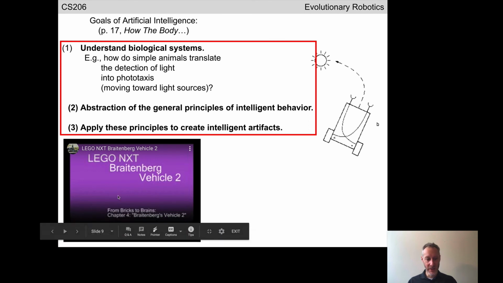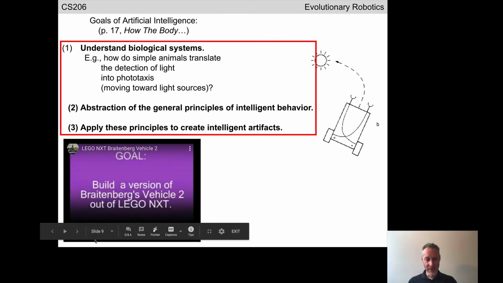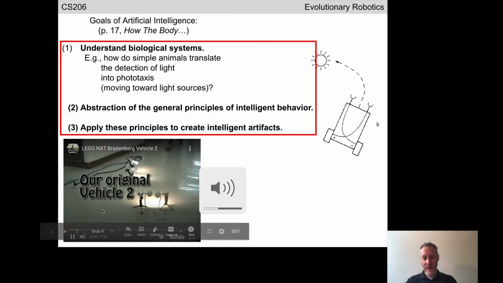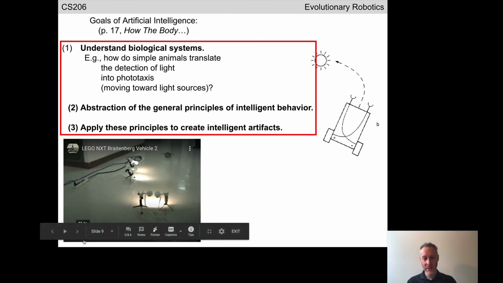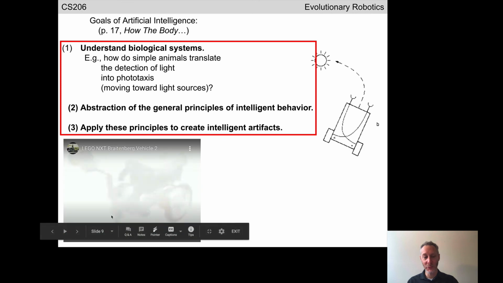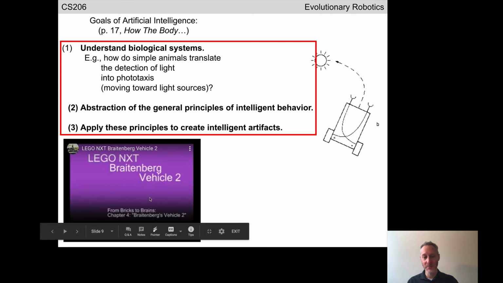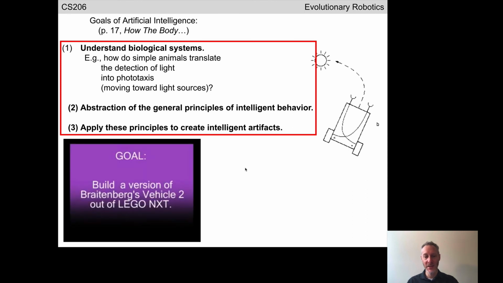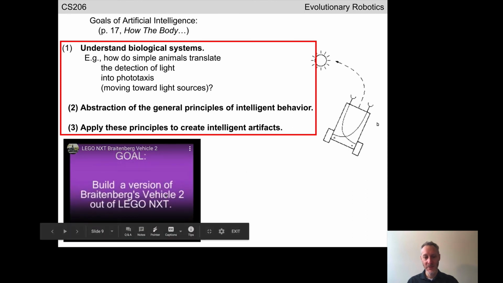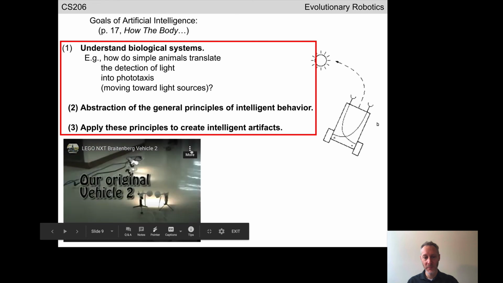Here's a very simple robot that's built from Lego Mindstorms. I think you can still buy this kit.